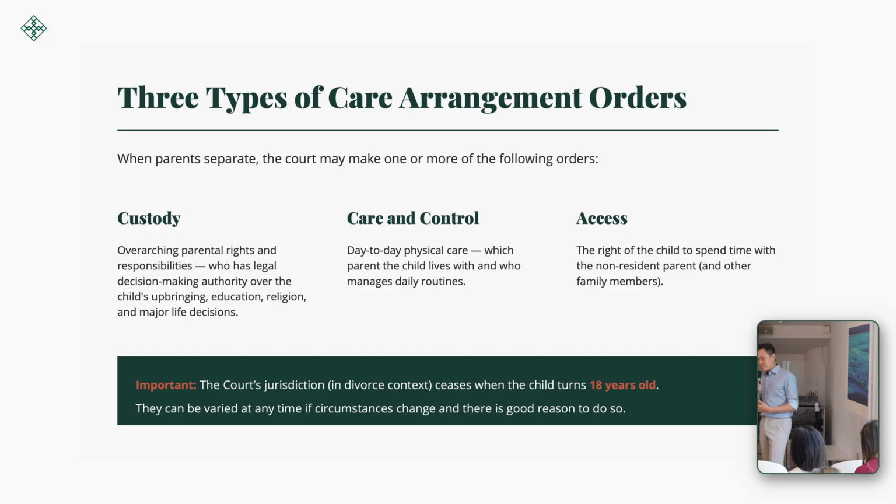However, this makes sense because children's needs vary as they age. If you imagine a newborn versus a child that is 15 years old, the access arrangement would be very different. So it only makes sense that the court retains jurisdiction over children's matters.